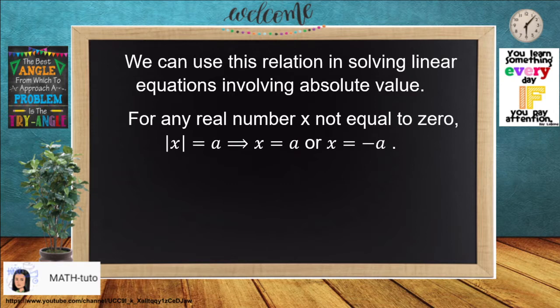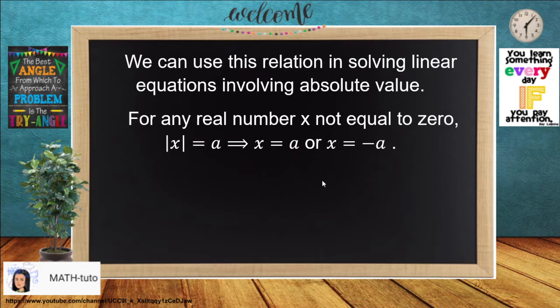For any real number x not equal to 0, if the absolute value of x is equal to a, this implies that x is either equal to a or x is equal to negative a, because again there are two possible values that have the same distance x from 0 on the number line.